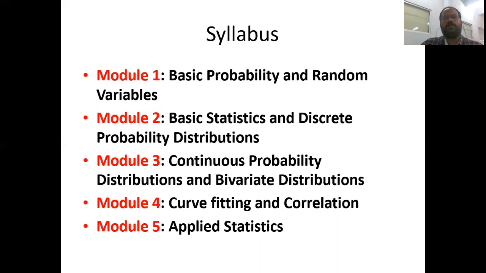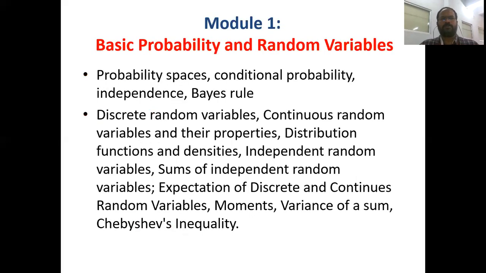For example, if I take a circle with radius r, then if I'm asking what is the circumference, we can easily say it is 2 pi r. What is the area of the circle with r as the radius? Then we can say pi r square. But if I'm doing another experiment, for example tossing a coin, what happens? Two outcomes are there.